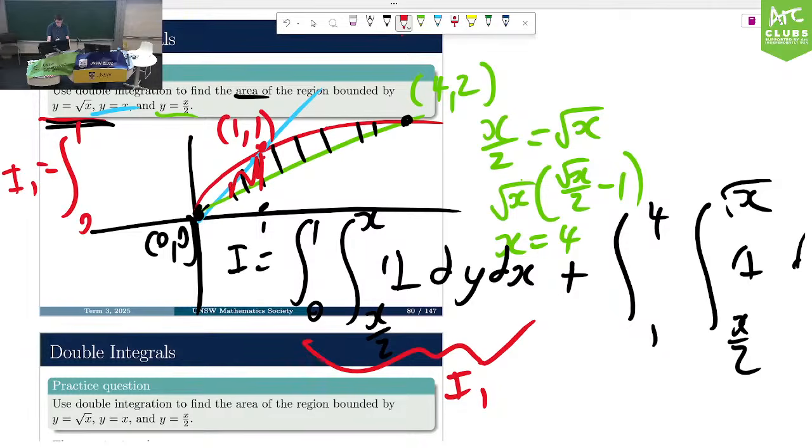Our upper bound would in that case be this line here, x equals 1, so 1. Our lower bound would be this blue line, x equals y, so we could put y here, and we're integrating dx, then dy. Okay, does that make sense?